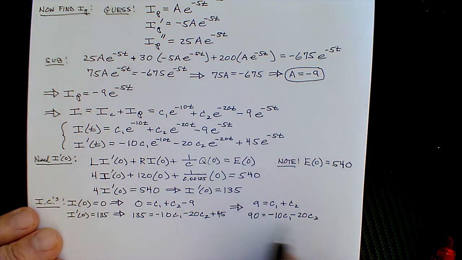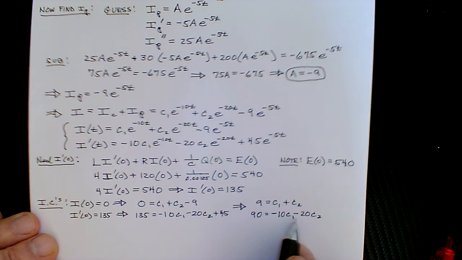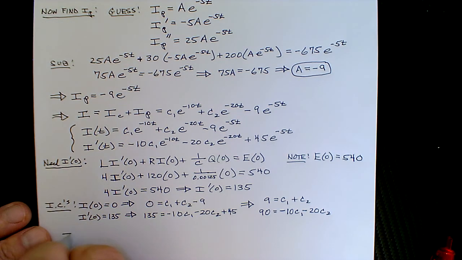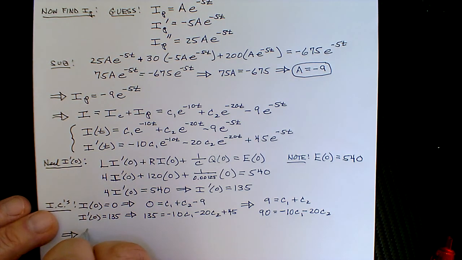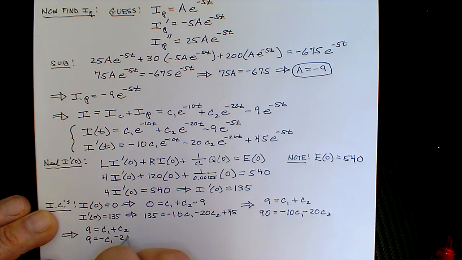Then I'll divide this bottom one by 10. So then we get 9 equals C1 plus C2, and 9 equals negative C1 minus 2 C2.